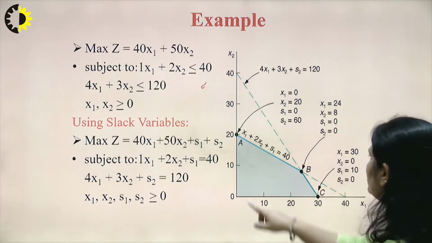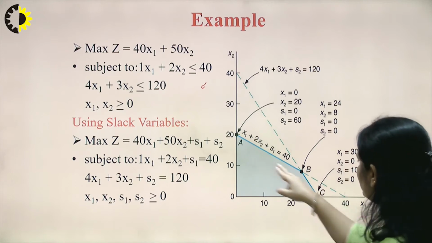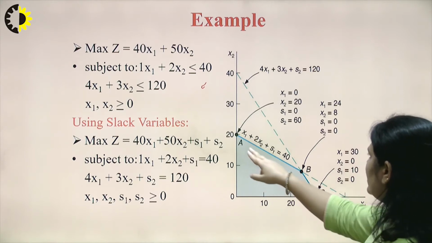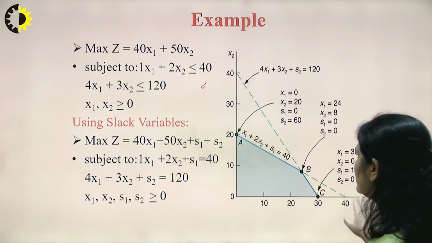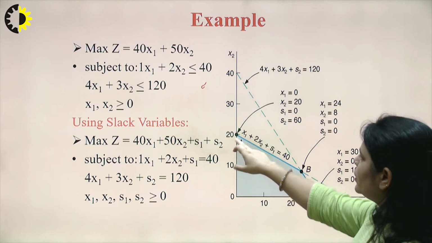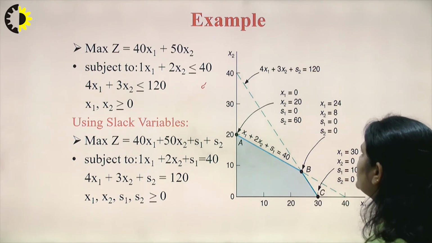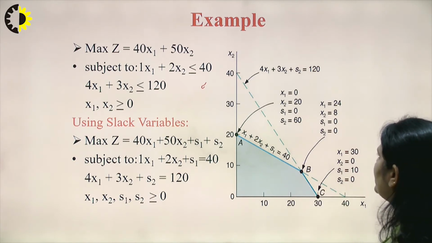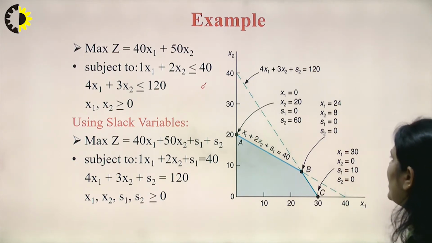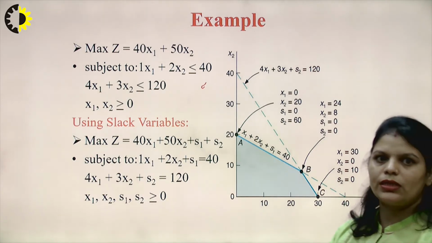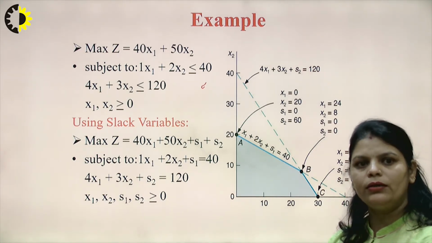Clear? So when we draw this on the graph, we will get this line. We can find out the coordinates of point A, and it will be x1 is equal to 0, x2 is equal to 20, s1 is equal to 0 and s2 is equal to 60. So these are the coordinates of point A.